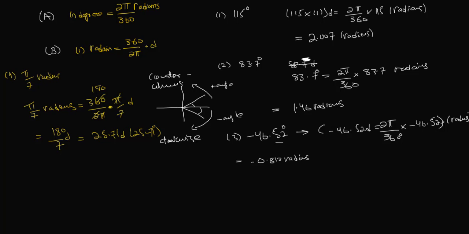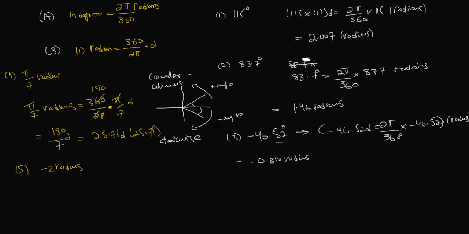Okay, so we have -2 radians. Now, similar to the third problem in degrees to radian conversion, a negative angle is always taken as clockwise.